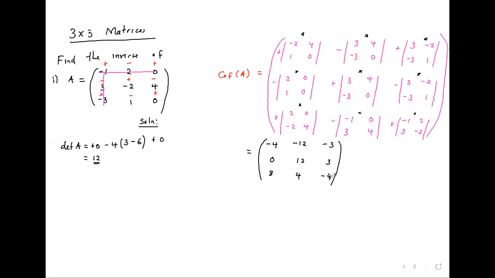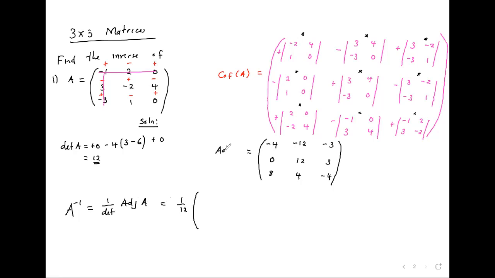Then you get the adjoint of A. So now we're saying A inverse is equal to 1 over determinant A multiplied by adjoint A. Adjoint A is the transpose of the cofactor matrix. So we have 1 over 12, and then transpose this guy.